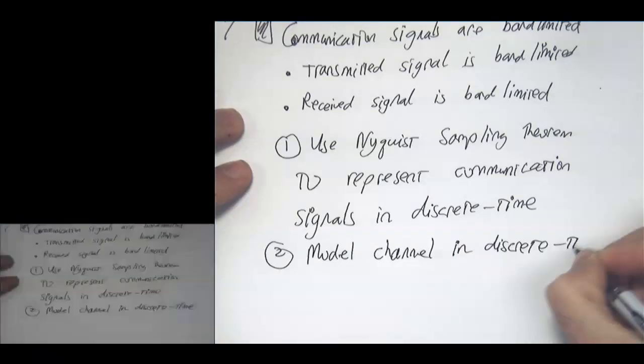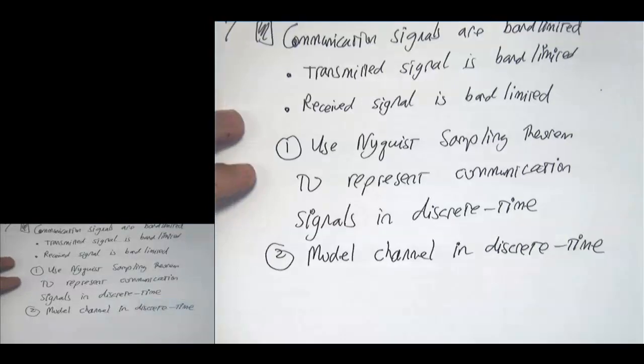And we'll see this at the end of the next lecture. But essentially, we'll be able to talk about generating a band-limited signal. We can do all of it in discrete time. And then, as far as processing goes, we can process our received signal all in discrete time. And then, to recover the transmitted signal from the received signal, we'll develop a discrete time model for the propagation effects, and then develop algorithms to remove those effects.